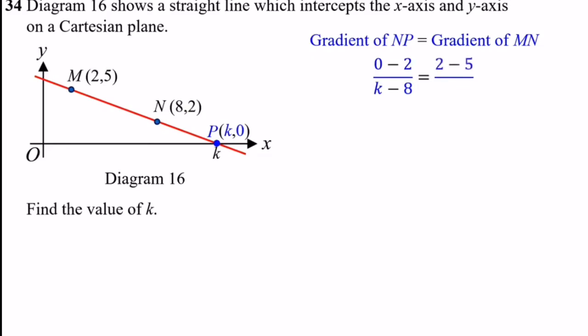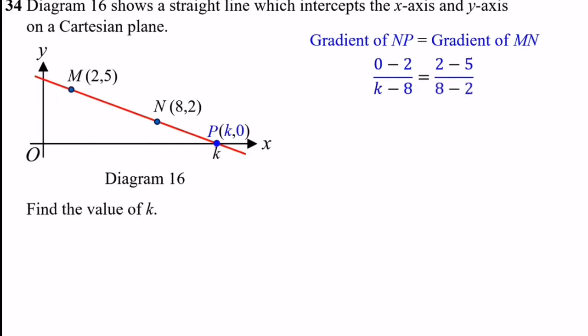That is how you use the gradient formula correctly. Follow the formula y2 minus y1 over x2 minus x1. After you substitute the x2 minus x1, which is 8 minus 2, you simplify and you will get the answer for k.